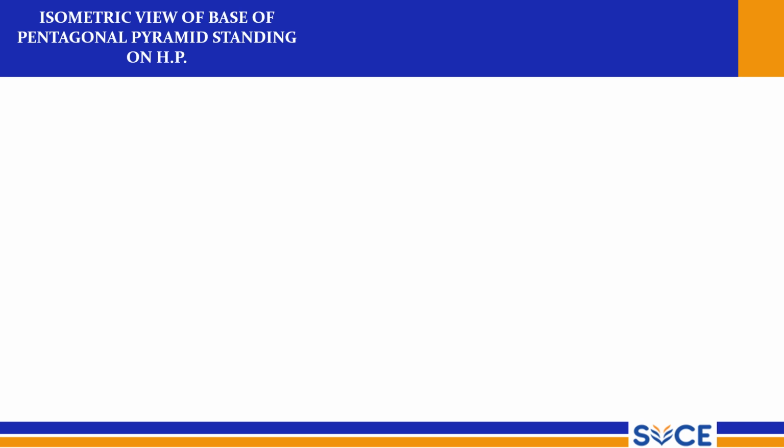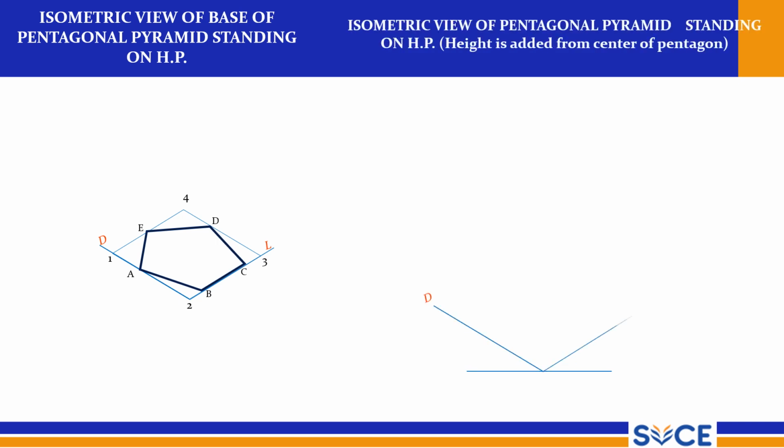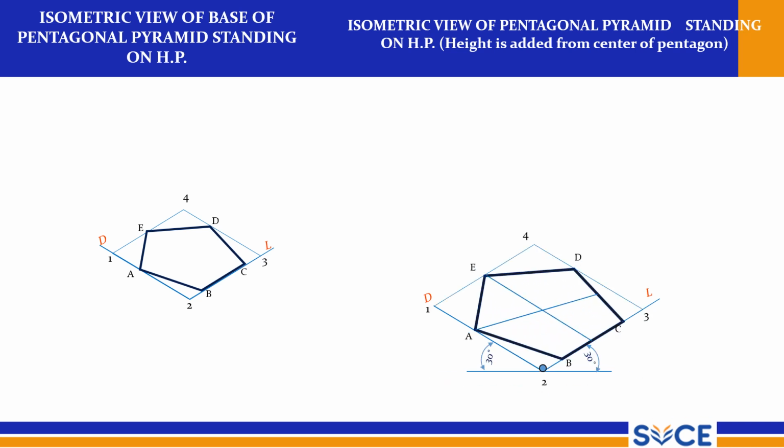So isometric view of a pentagonal pyramid standing on HP, right? So this is the pentagonal pyramid standing on HP. So this is the pentagon, and now you can get its center. So from center with the given height, right?